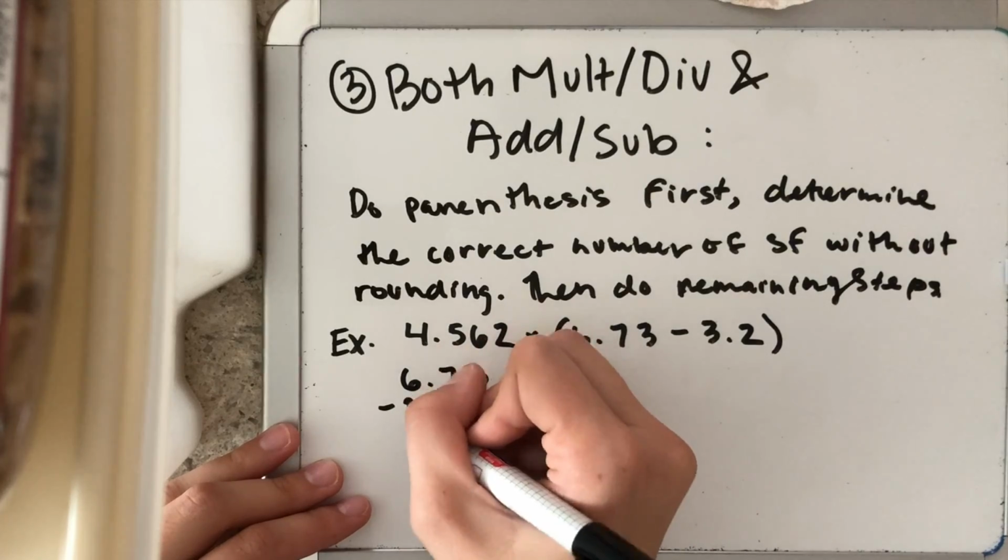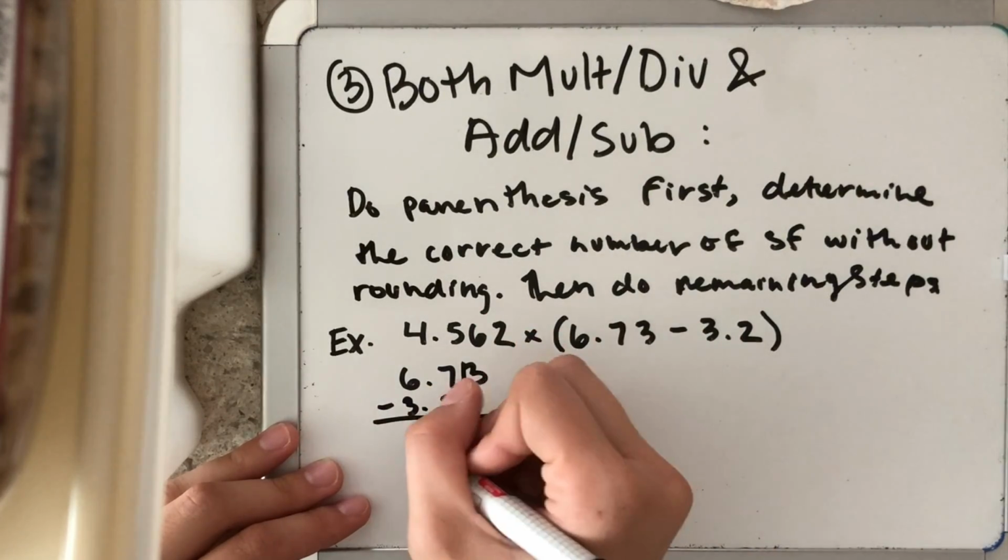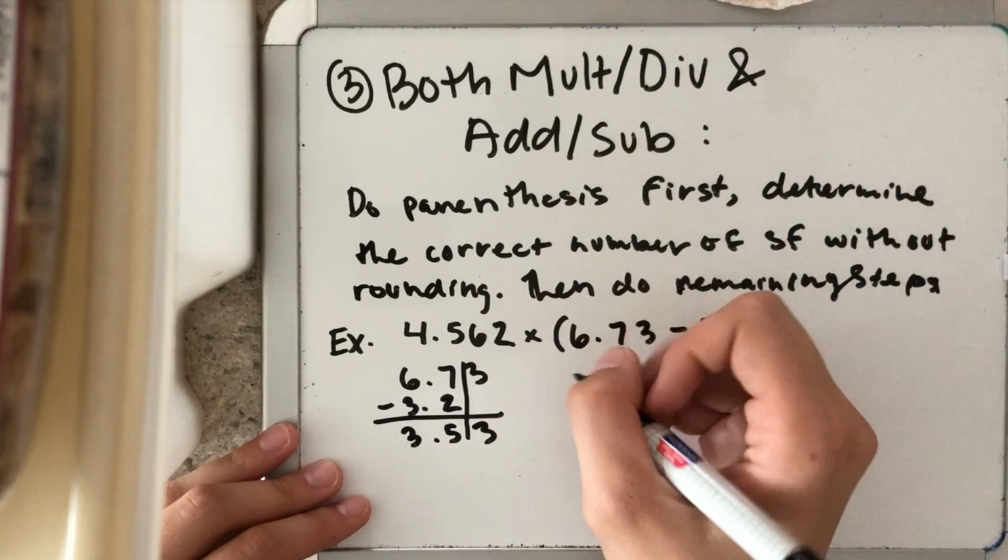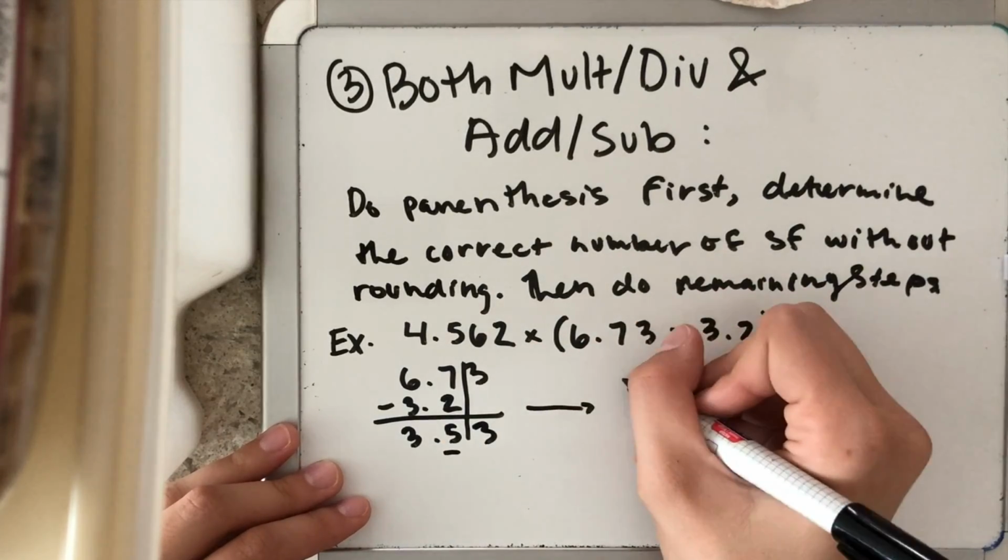In this example, we would do the subtraction first, then the multiplication, and the answer would have 2 sig figs.